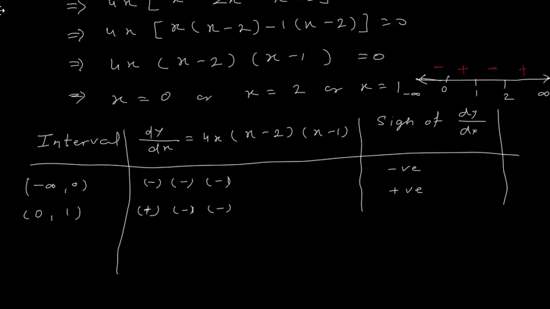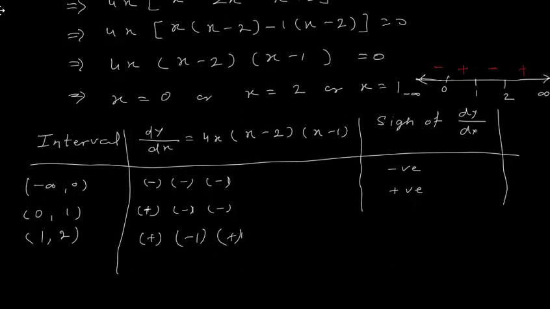When the interval is 1 to 2, the first value is positive, the second value is negative, and the third value is positive. So finally your sign will be negative, plus minus plus.